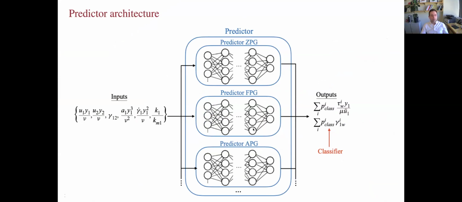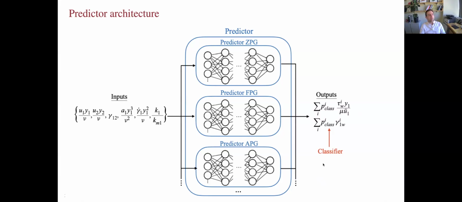The other one is favorable, the other one is adverse. And every time that I have an input, I will predict all the possible types of flows, and they will give me a prediction of what is the force at the wall. And then I will blend that prediction with the classification. The classification will tell me you have 80% of CPG and 20% of FPG, and it will blend that. And that's how the prediction is done.